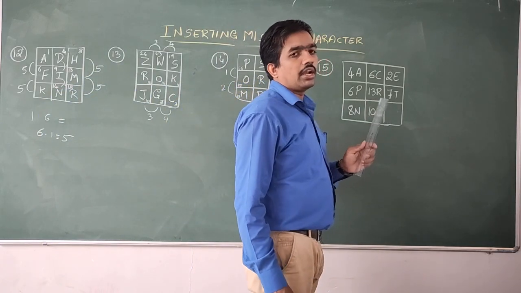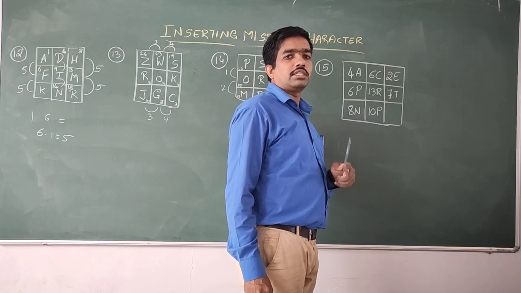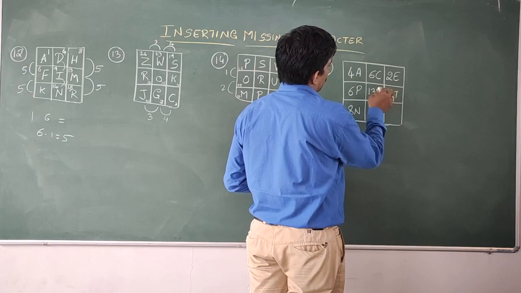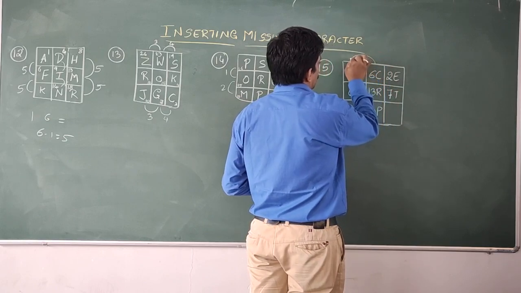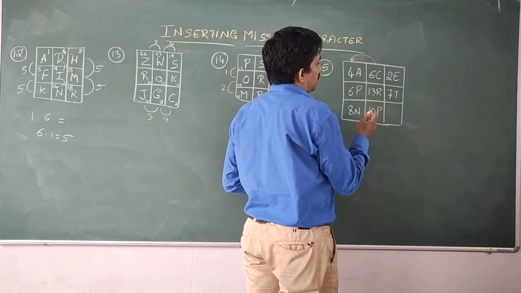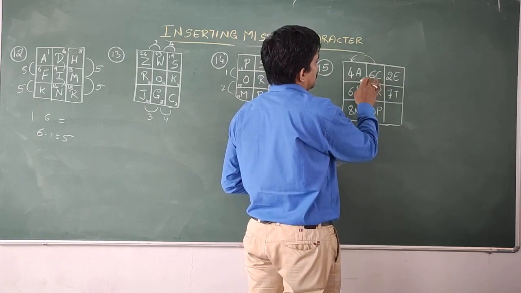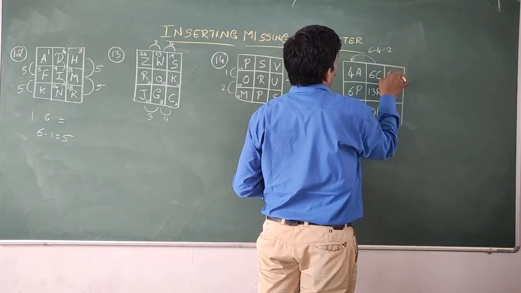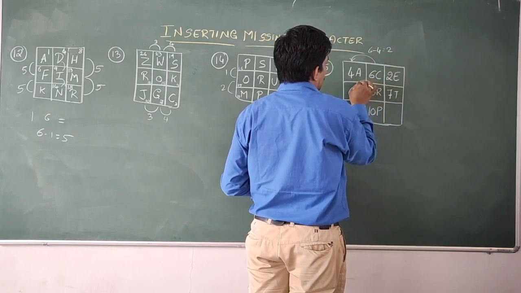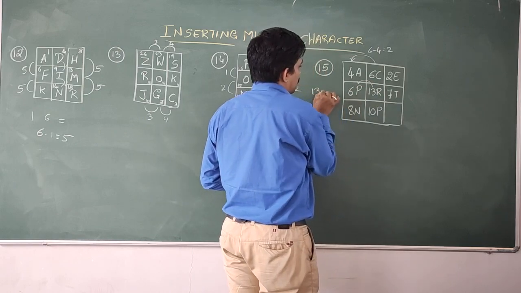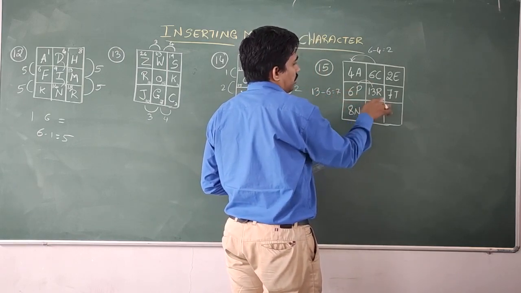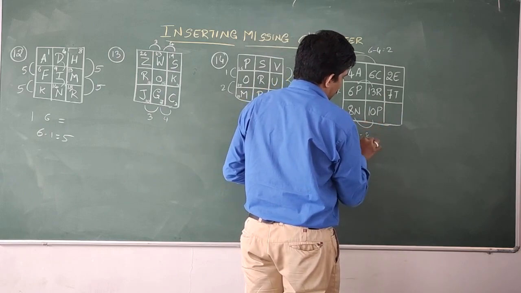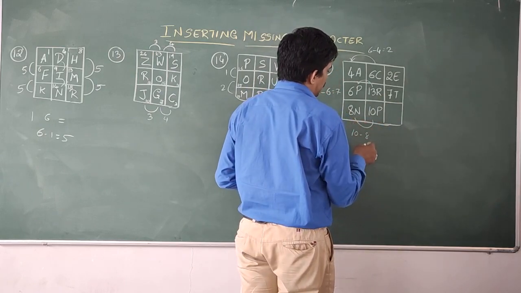And then coming to this question. So here we have to find the numbers as well as the letters. See here. So come from second column to the first column. 6 minus 4 is 2. Here it is 2. And then these two. 13 minus 6 is 7. So here is 7. And then 10 minus 8.